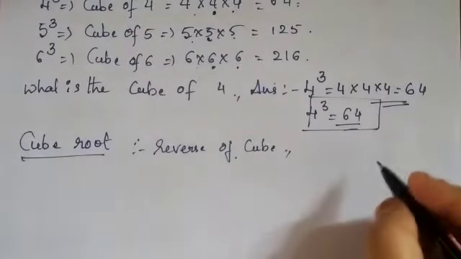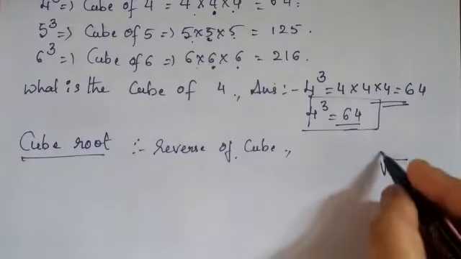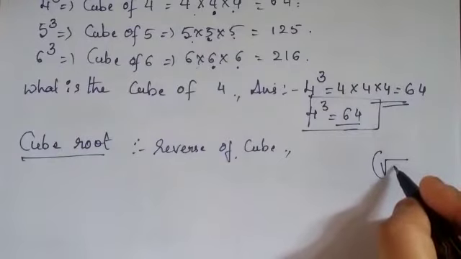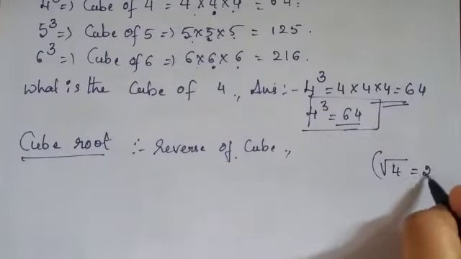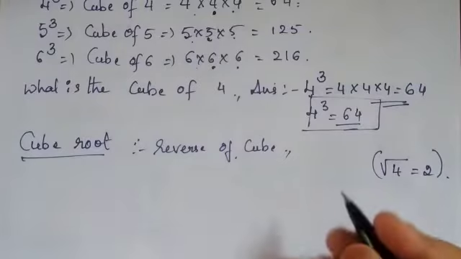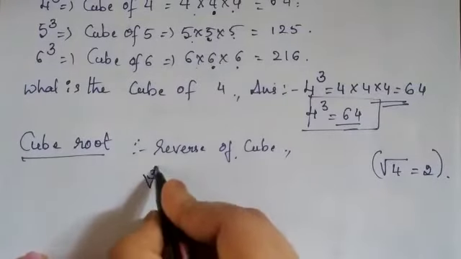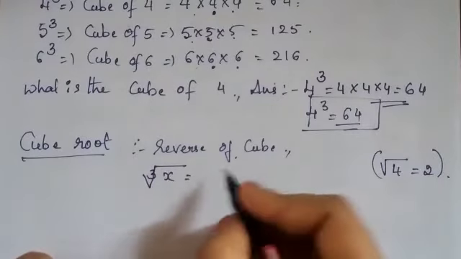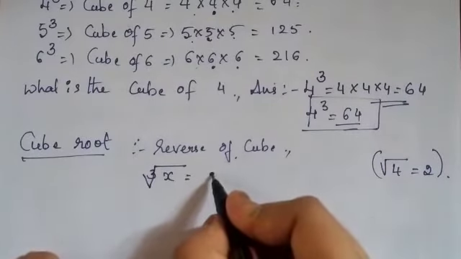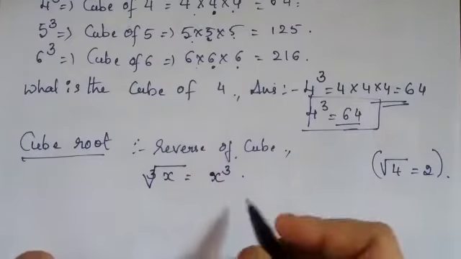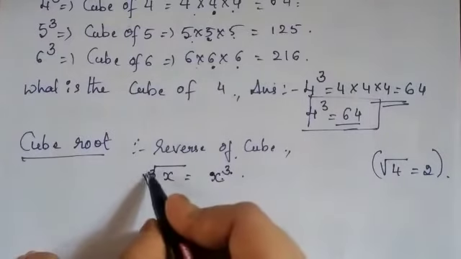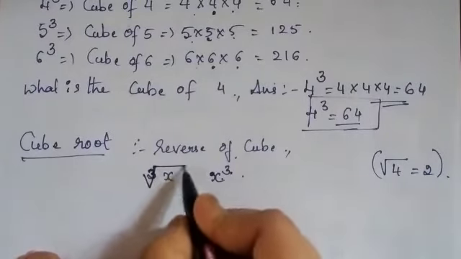Since we know how square root is represented, isn't it? In this form, for example, square root of 4 is nothing but you write square root of 4 as 2. But in the case of cube root you represent it in this form. It is nothing but x to the power cube, x to the power cube is nothing but this is cube root of x.